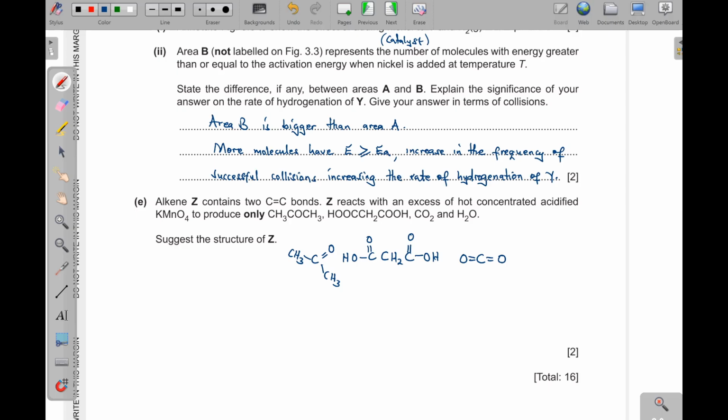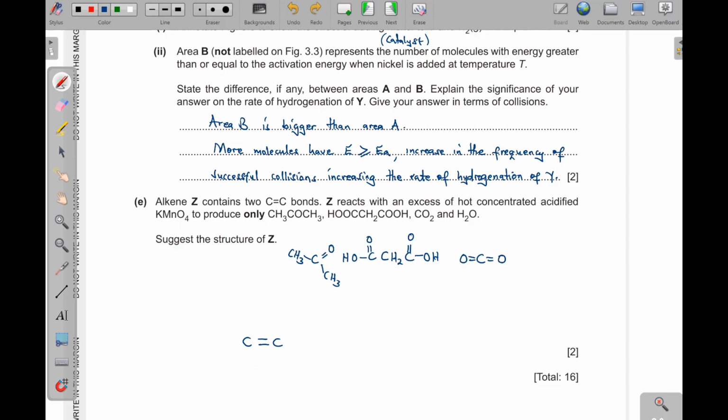So this is what happens. You have a carbon, a double bond, and then a carbon. So with hot concentrated acidified potassium permanganate, we are going to see this double bond broken and then we oxidize. Okay?